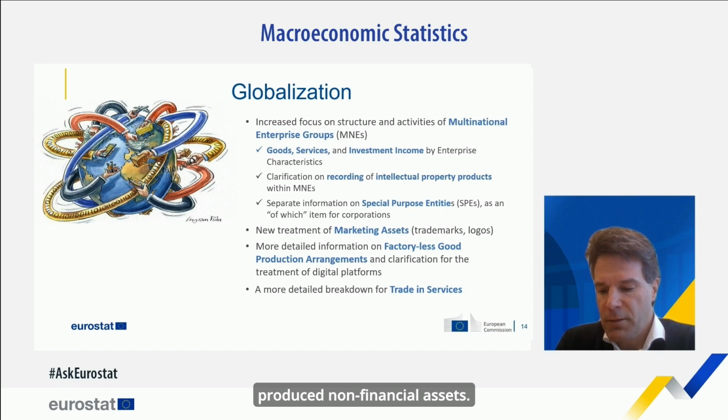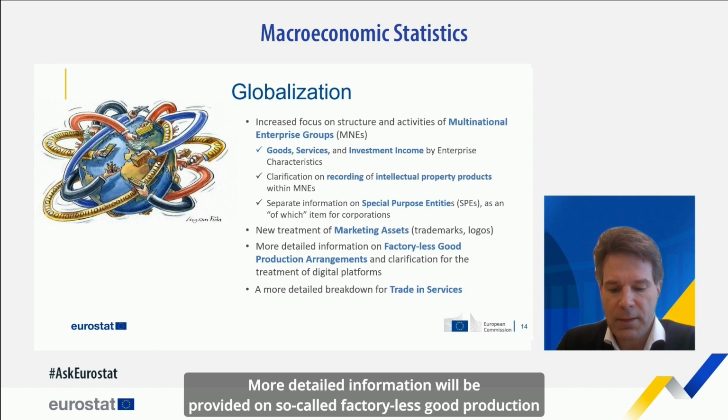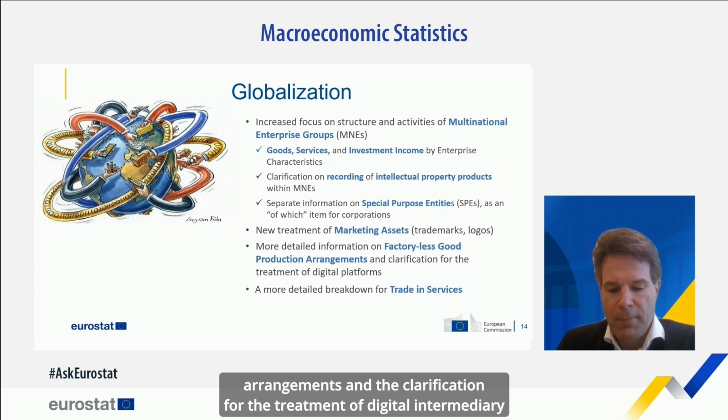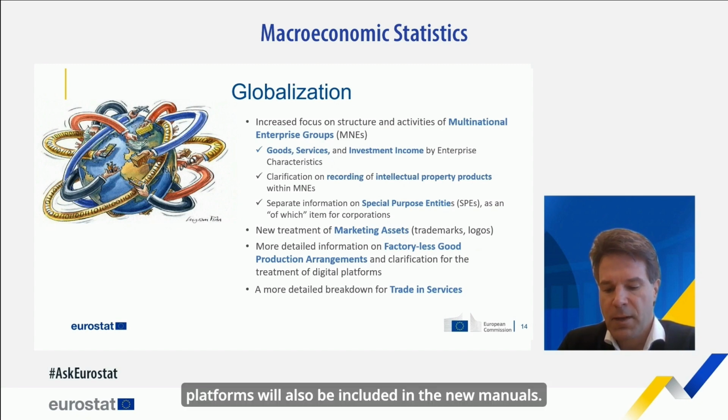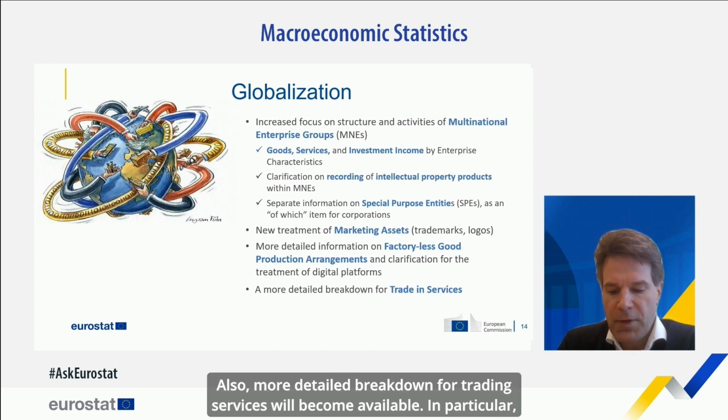non-produced non-financial assets. More detailed information will be provided on so-called factoryless goods production arrangements, and a clarification of the treatment of digital intermediary platforms will also be included in the new manuals. Also, a more detailed breakdown for trade in services will become available.